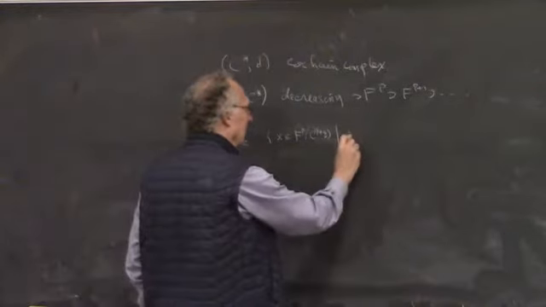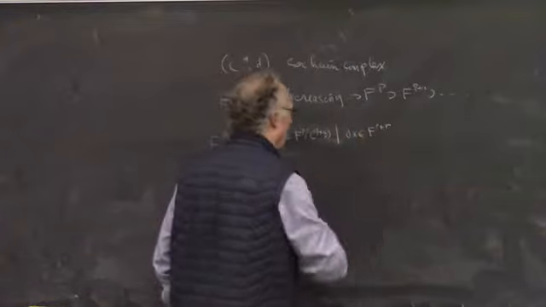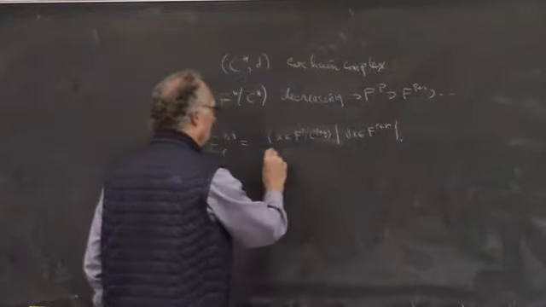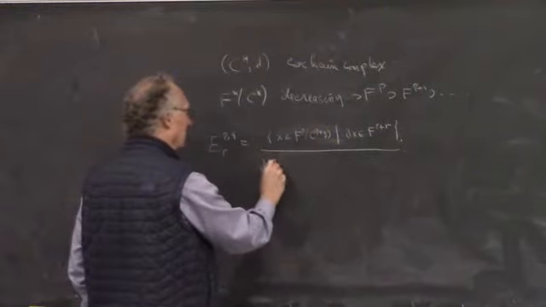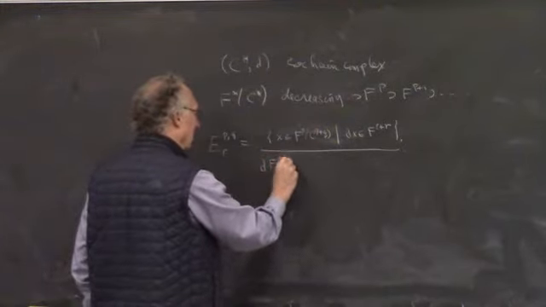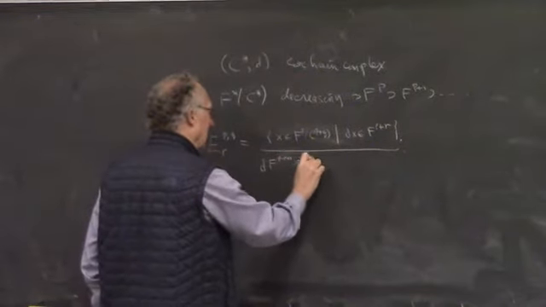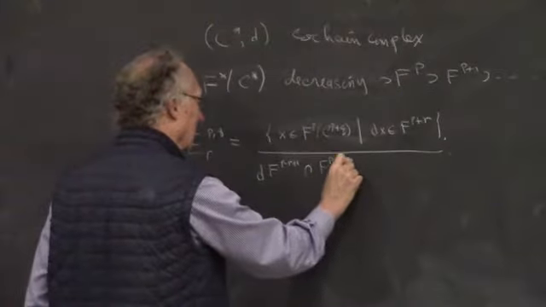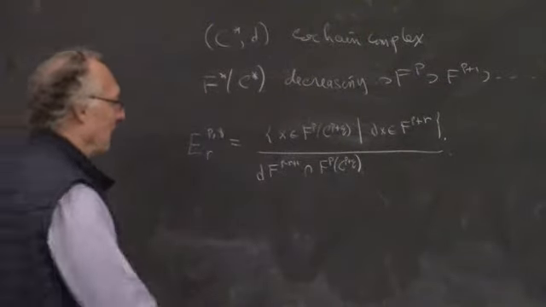Such that d of x is in filtration level p+r, over d of the elements in filtration level p-r+1, intersect F^p and C^{p+q}. So those are the differentials you divide out by.